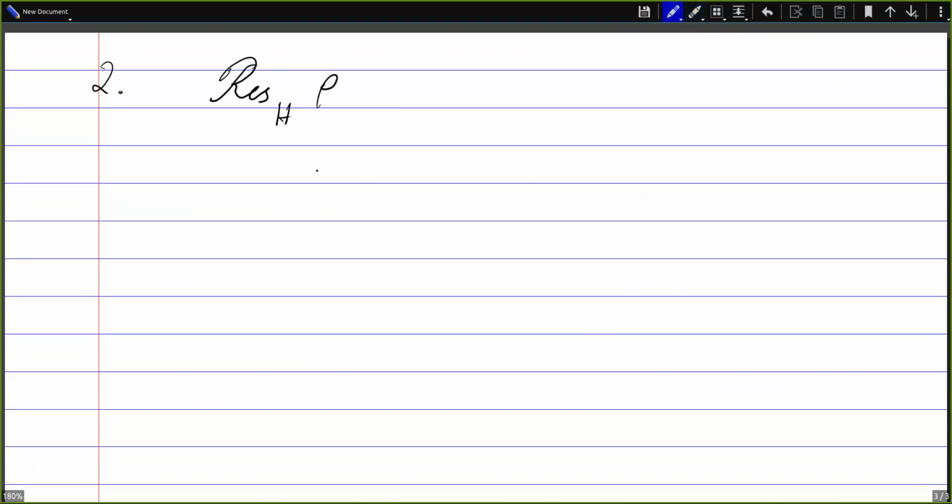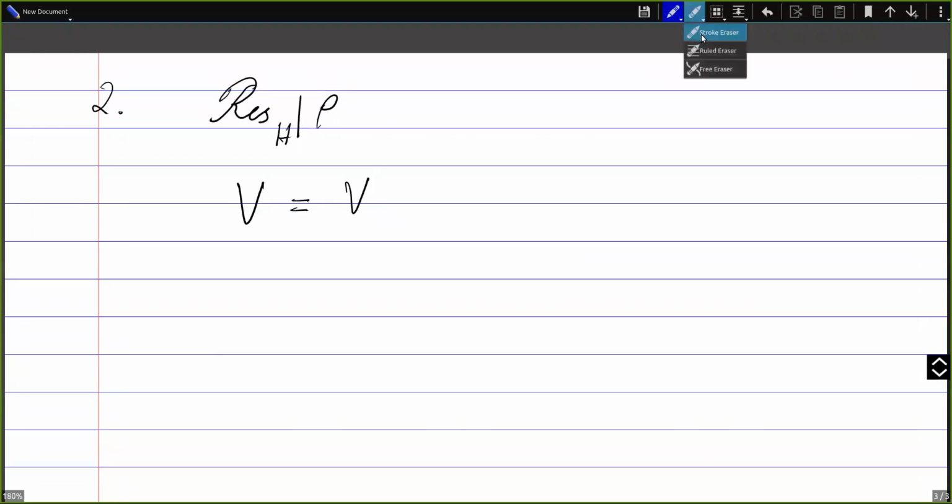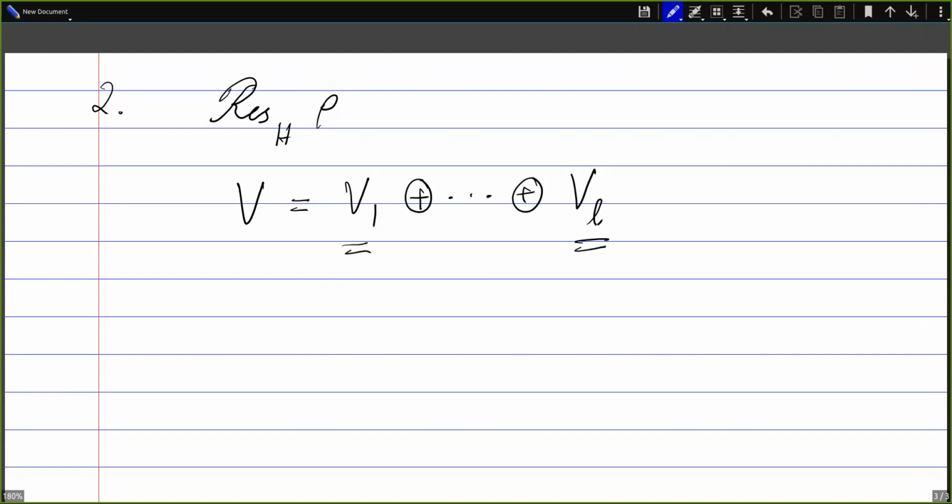Canonical decomposition means V is written as V1, V2, up to VL, where each Vi is the direct sum of equivalent subrepresentations.